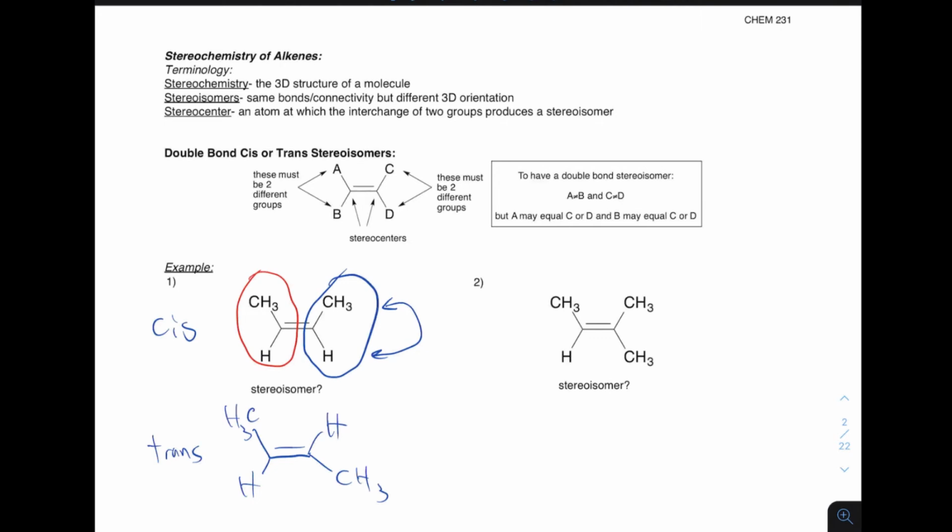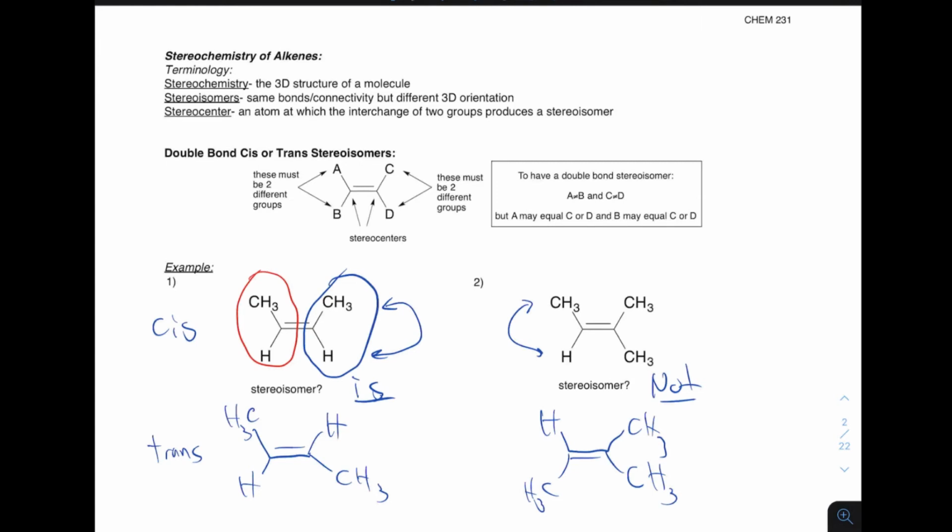Because if we end up switching these 2 groups, we just end up with the same molecule. Right, nothing has changed here. Because we can just rotate this molecule around in order to make it superimpose on top of itself, right? So this is not a stereoisomer, and this is a stereoisomer, right?